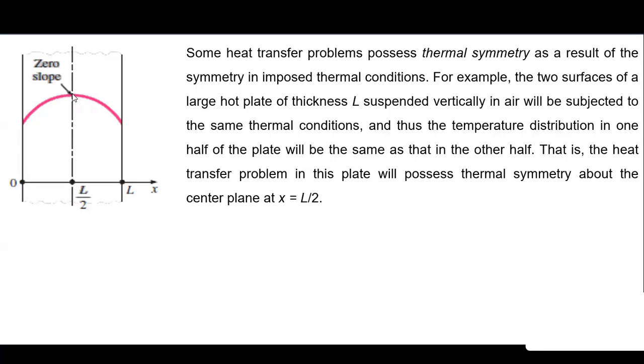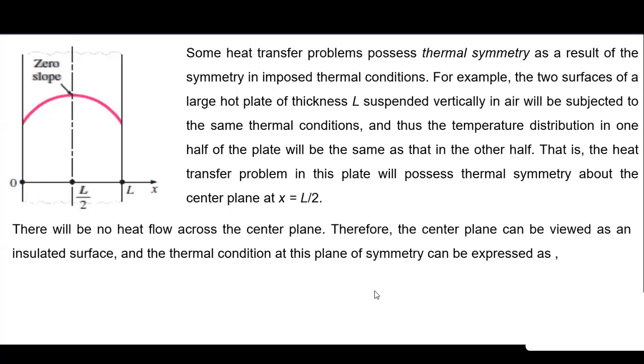It may be a maximum condition or a minimum condition, but at the center of this object we'll get a zero slope condition, and this can be specified in terms of the boundary condition. There will not be any heat flow across the center plane because it is going to be at either maximum temperature or minimum temperature. Therefore, the center plane can be viewed as an insulated surface.